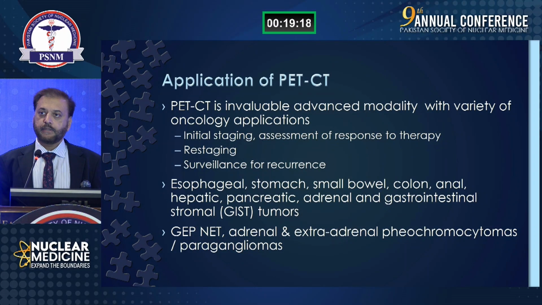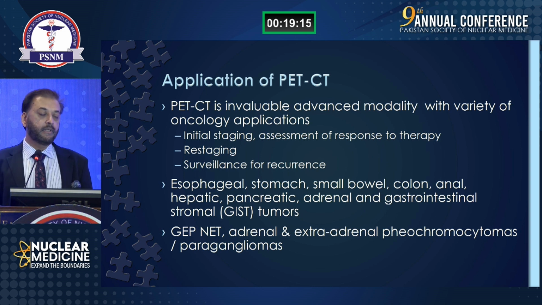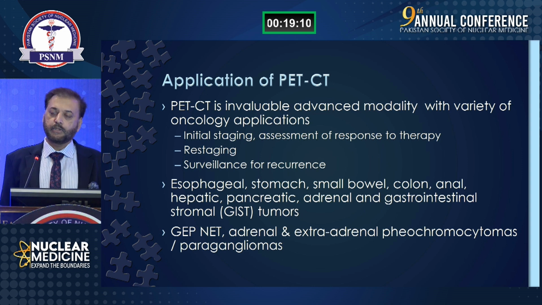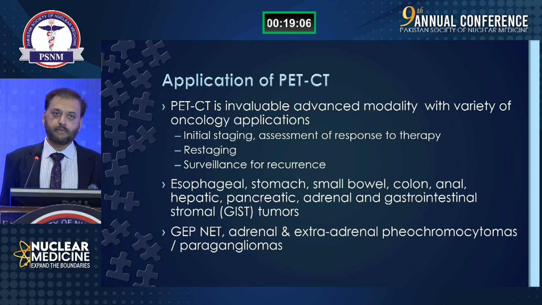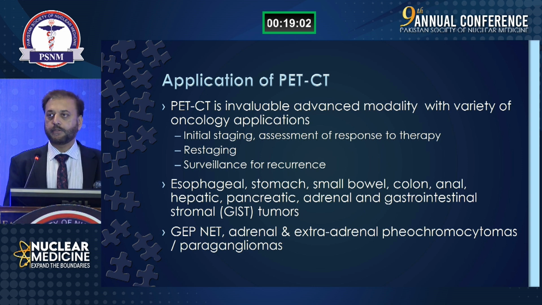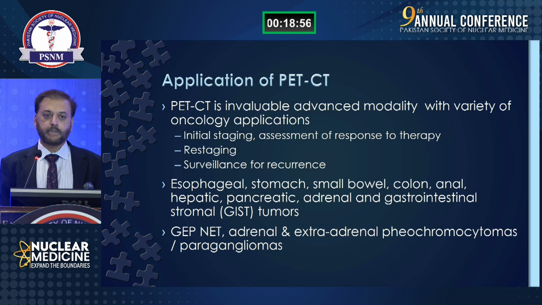So we all know that glucose is taken up by the tumor cells. So there was an idea of developing FDG, which can be labeled with a positron emitter, which is F18. So the deoxyglucose was developed, and this is concentrated by the tumor cells in a high quantity. So there is a very rich signal coming from the tumor cells that helps us to identify the tumors from the benign and the physiological uptake.